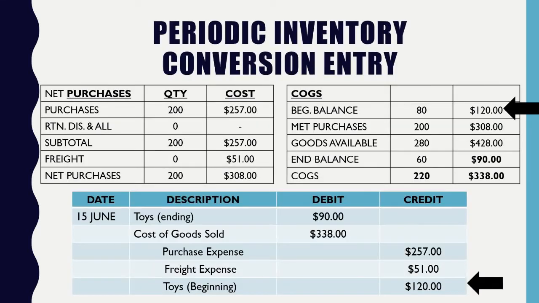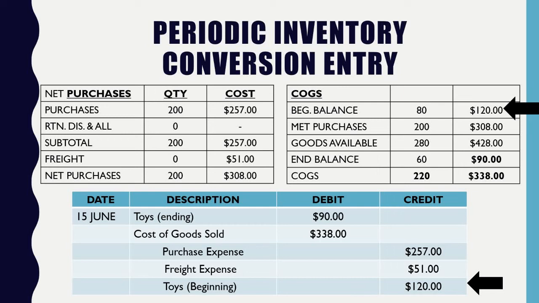Okay. So once again, we need to complete our conversion entry, and we need to add one more account in here. We need to recognize that we have a beginning inventory and we also have an ending inventory. So the order that we place it in is always ending inventory first, cost of goods sold, purchase expense, freight expense, and then you recognize your beginning inventory.